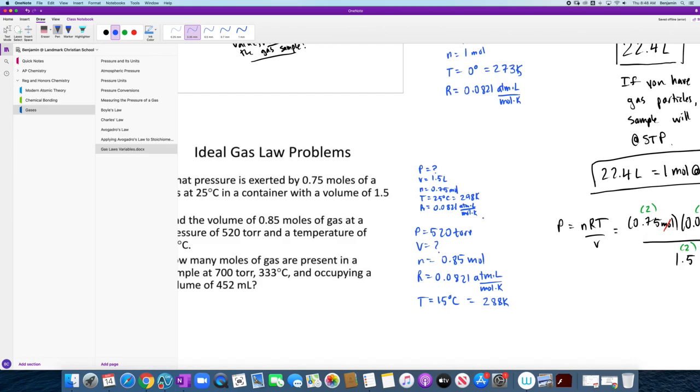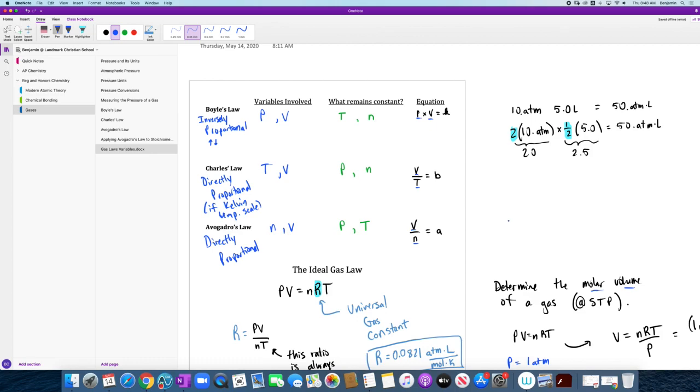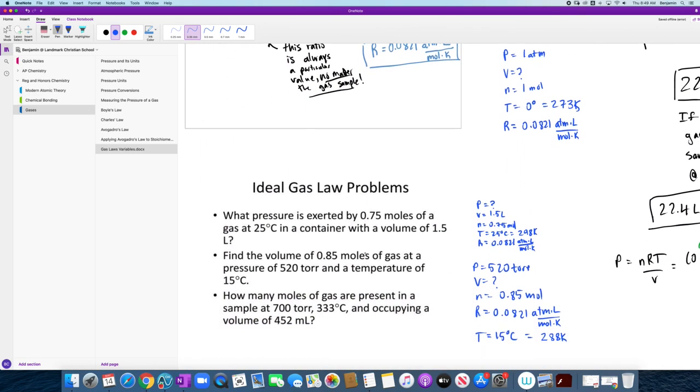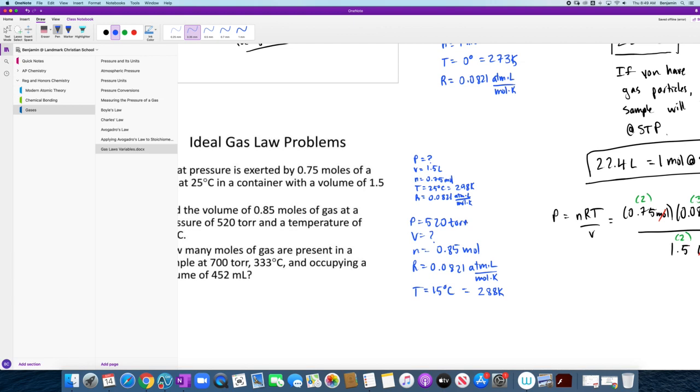And that's not because Boyle's law requires us to. With Boyle's law and Avogadro's law, it turns out you can use any units of P and any units of V. We need to use moles for n, but why would we need to change this unit for the ideal gas law?